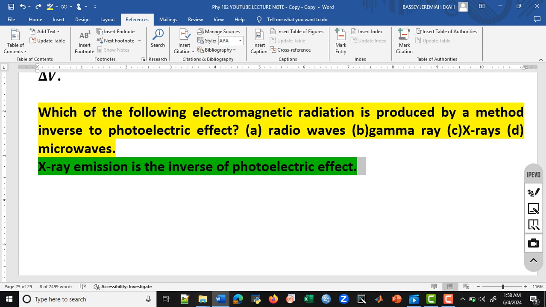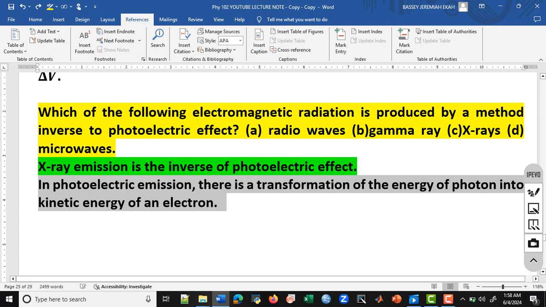So when electrons are made to strike a metallic target, photons are produced. In the same way, when a photon strikes a metallic target, electrons are liberated. So the reverse of the production of X-ray is photoelectric effect. In photoelectric emission, there is a transformation of energy of photon into kinetic energy of electrons.